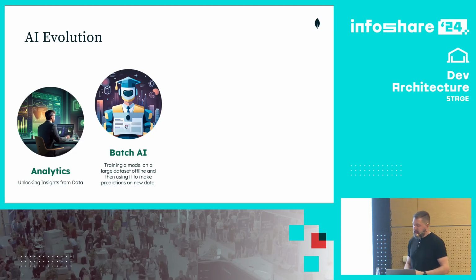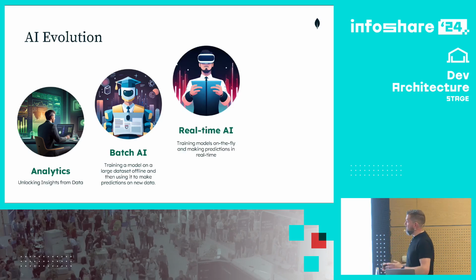Batch AI, as the name implies, involves running offline on a schedule. It's analyzing historic data to make predictions about future events. But that is where the problem is with batch AI. It can't react to events that are happening quickly in real time. This might be okay for certain use cases, but for the majority of our applications, we need to be able to react to things in real time. That's where the next stage came in, real-time AI.